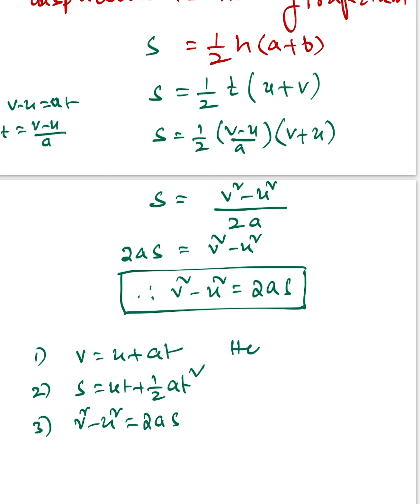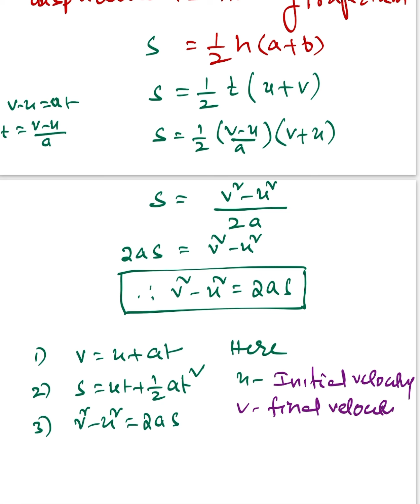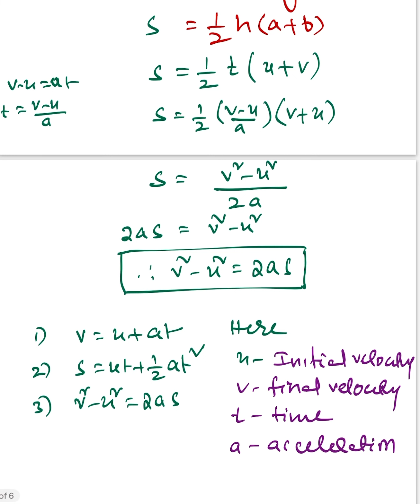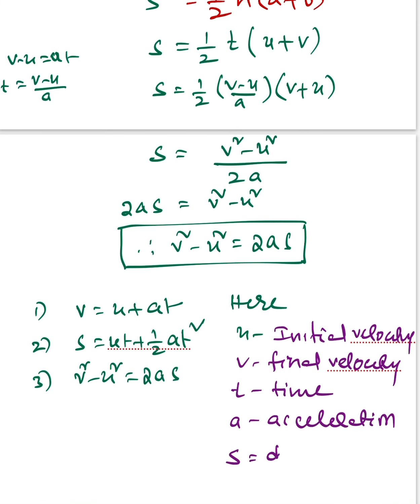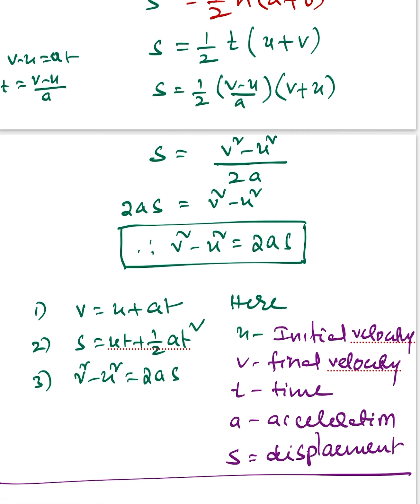Here u is the initial velocity and v is the final velocity, t is the time interval, a is the acceleration, and s is the displacement. Okay. Hope you understand these three equations. Thank you.